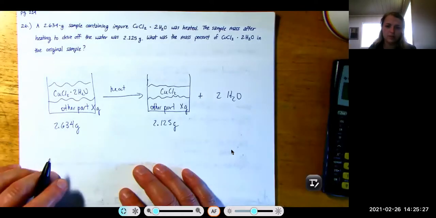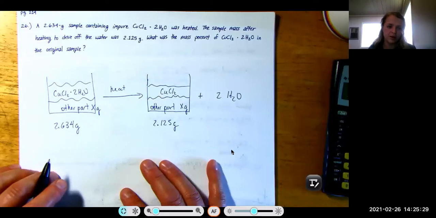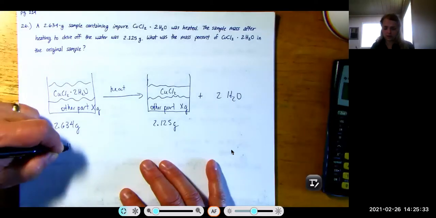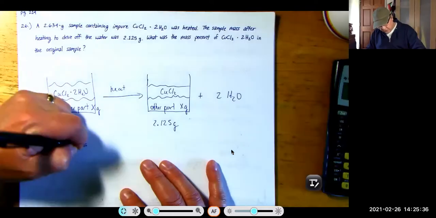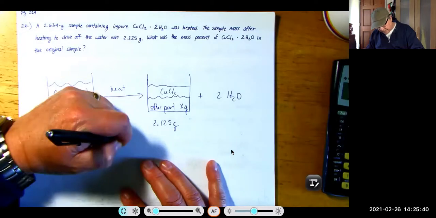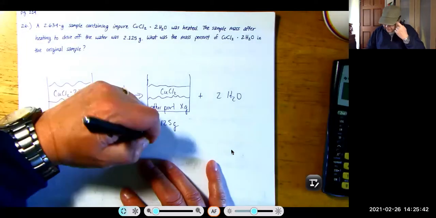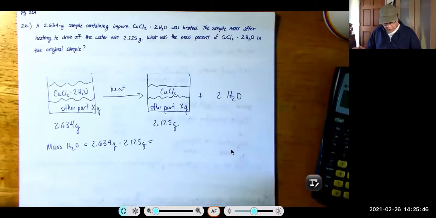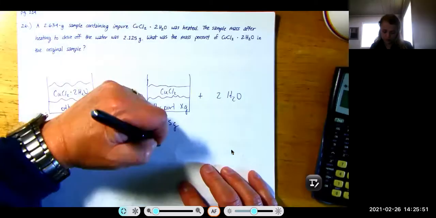If all the water is gone, then you just subtract the 2.125 out of the 2.634. Right. So the mass of water is going to be 2.634 grams minus 2.125 grams. So that looks to be about 0.409 grams.